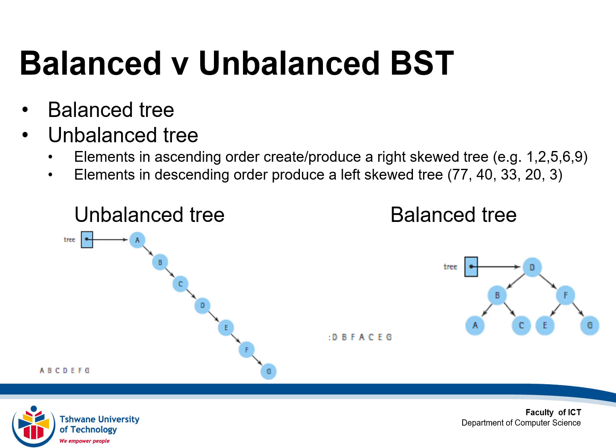And you can see just by looking at the tree that it is well structured. If you are looking for C, for argument's sake, when you start at D and realize that C is less than D, you have already in that first step eliminated the right side.